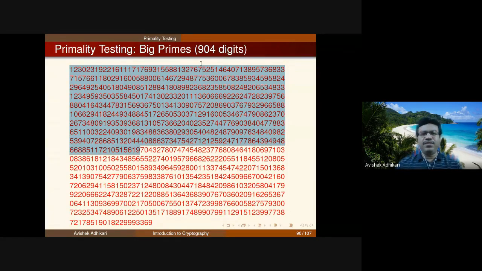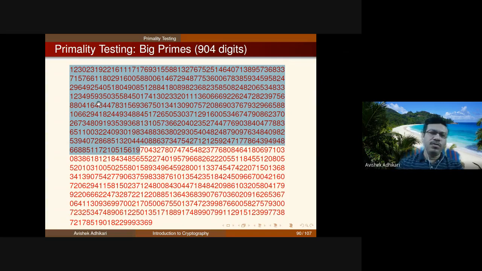Even then, for a supercomputer to run this many steps, it may take more than the age of the universe, or at least 100 years. 100 years is nothing to run this, but still it will take a lot of time. As a result, you cannot use this algorithm for your primality testing.